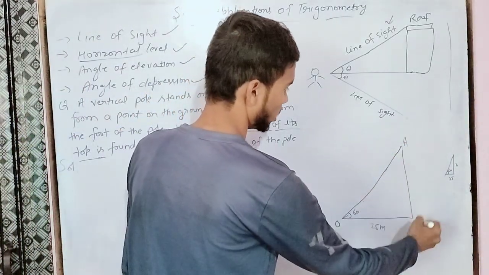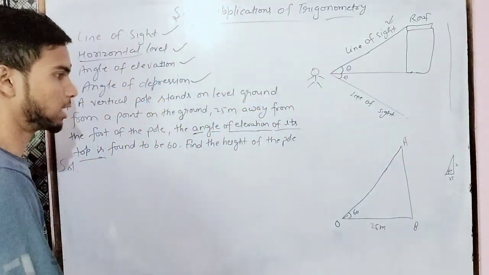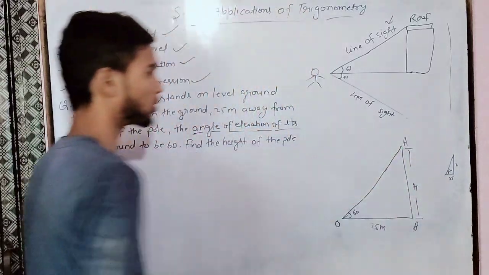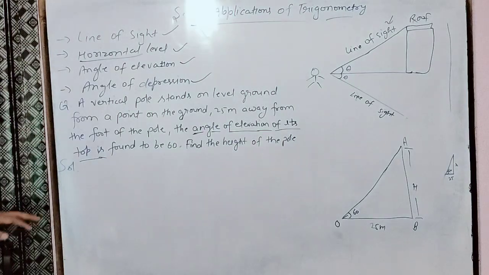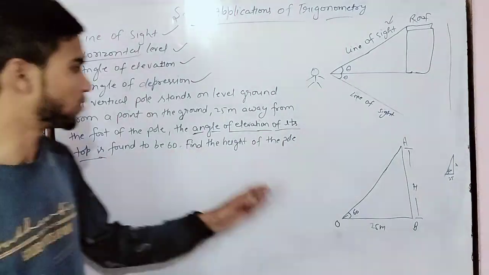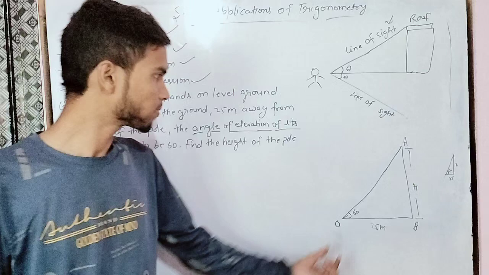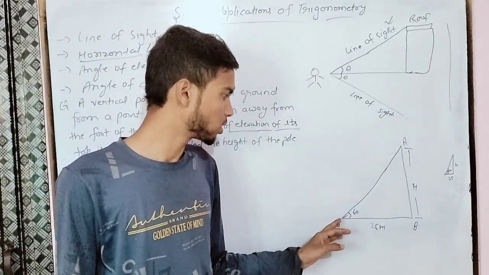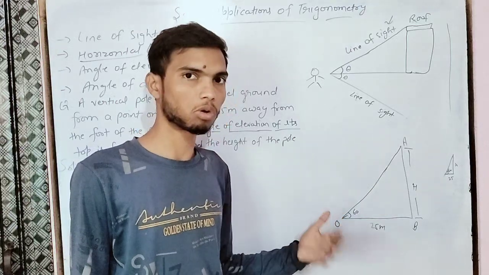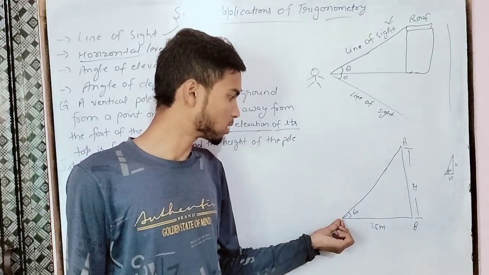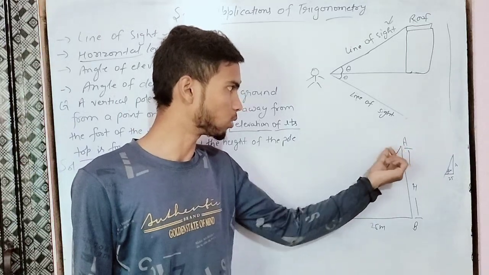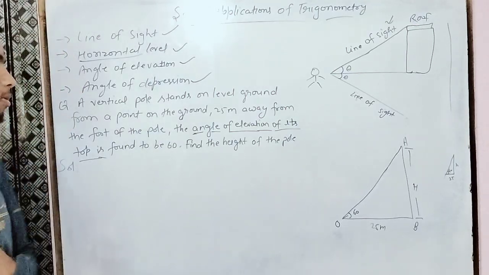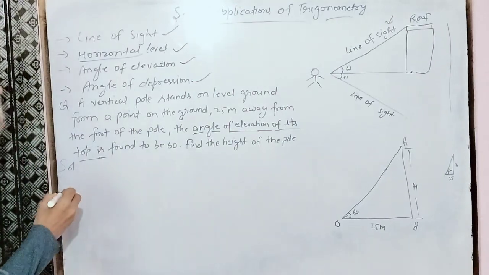O A B. Remember, let's say this is the height of the pole. This will be the angle of elevation. Let's say there is an object, and the object is watching the top of the pole.